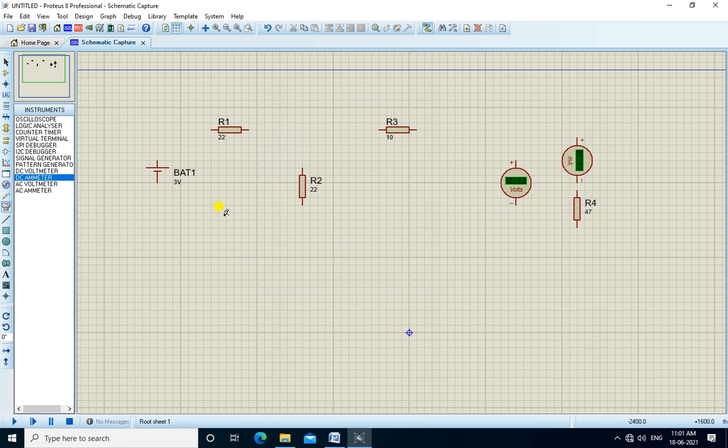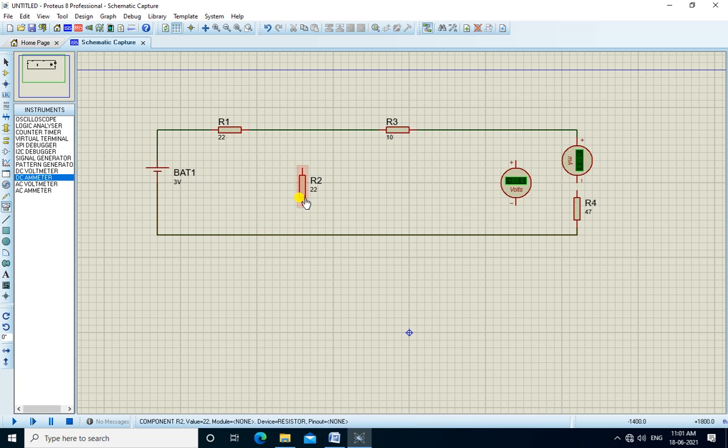So now we connect all the components. Now the circuit is connected. We run the simulation.